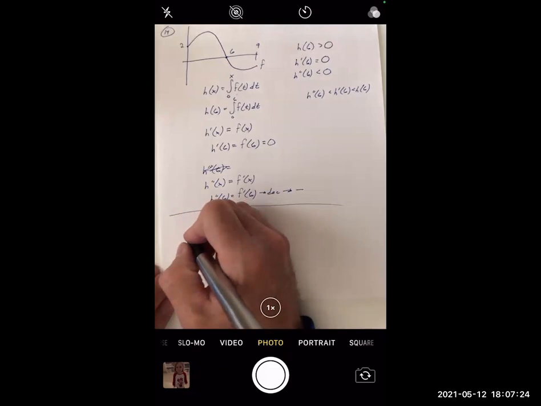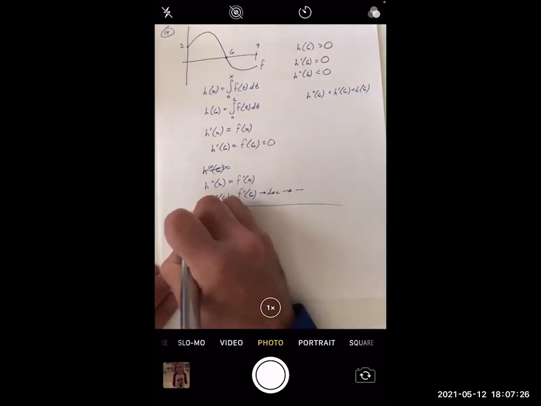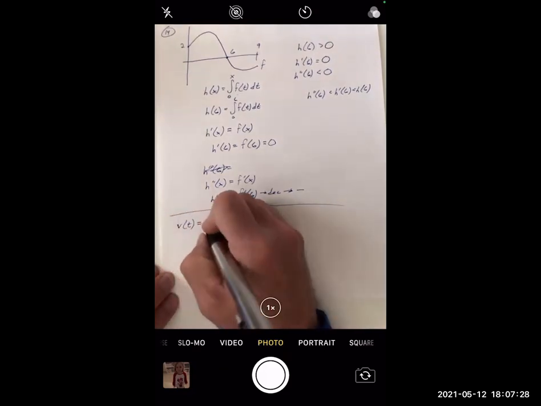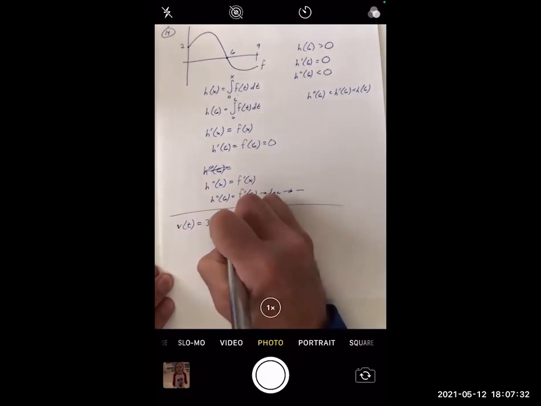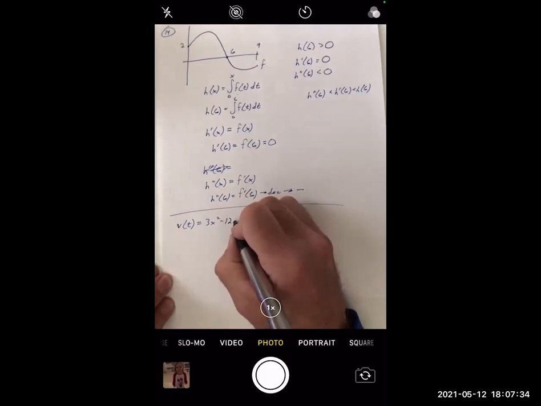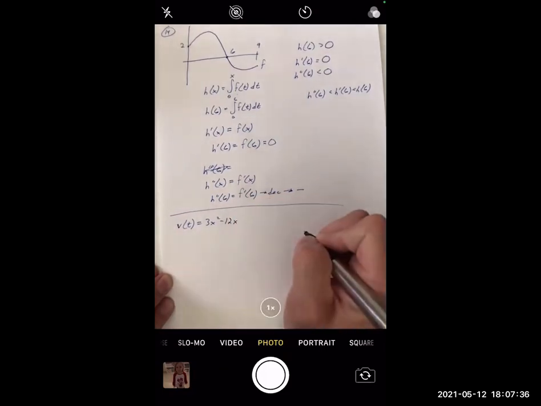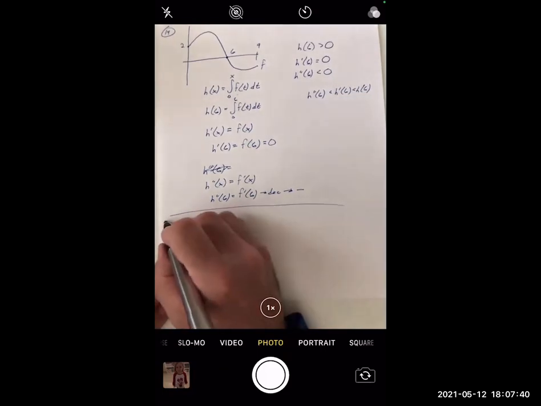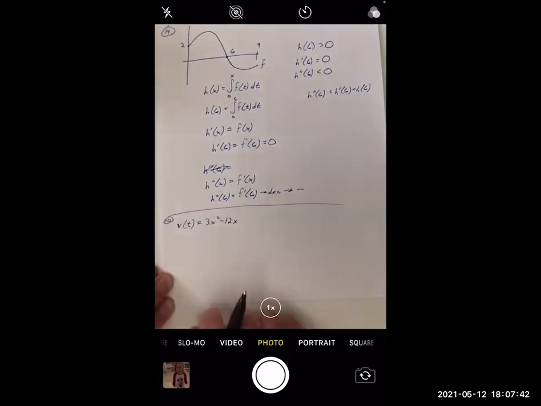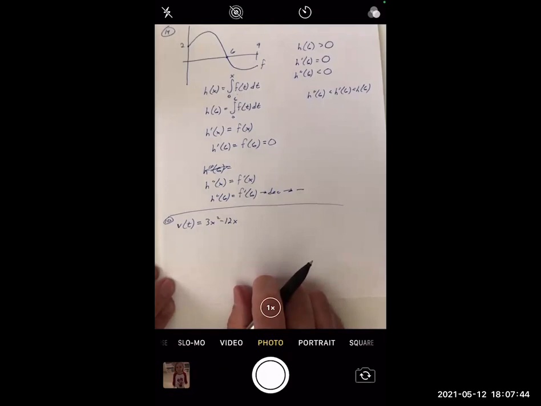Okay, so your velocity. It was this one, right? This function. That's one you had. Okay, so what is the position of the particle when the acceleration is 0?